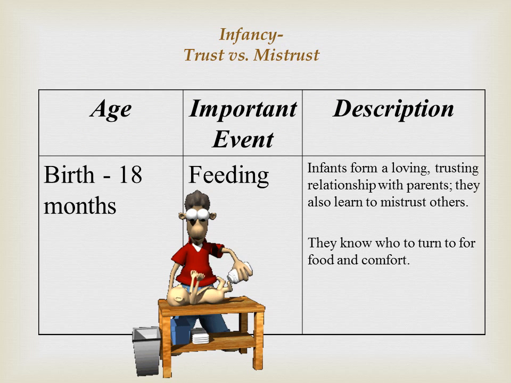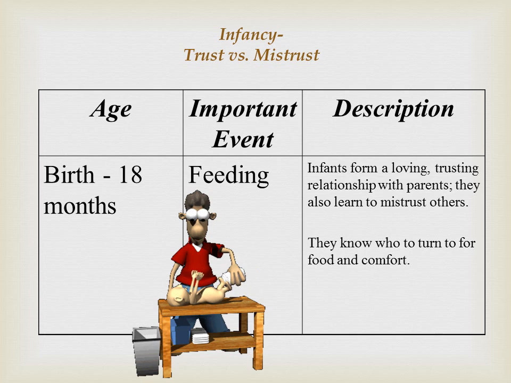The first stage that Erikson says we go through is from about birth to about 18 months. An important event going on in their life right now is feeding. He describes it as infants forming a loving, trusting relationship with their parents because the parents are always providing them with nourishment.